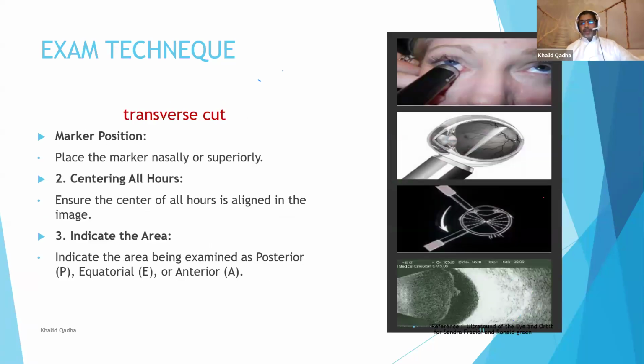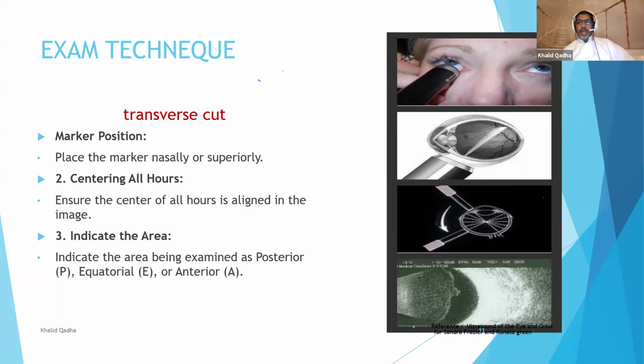We have three types of exams. The transverse cut screens most of the eye and takes more extension when you do it. Place the marker nasally or superiorly. If you want to examine superior or inferior, then the marker should be nasal.